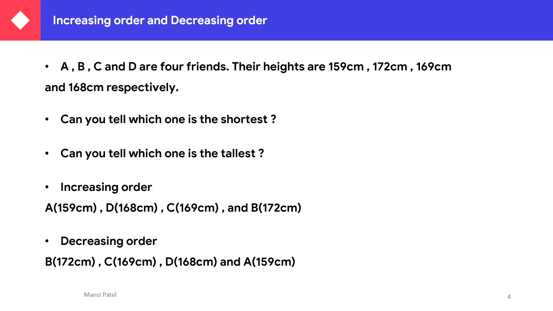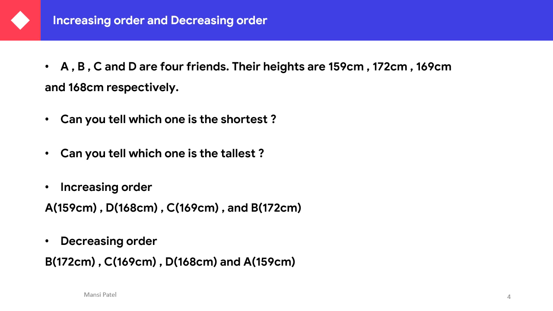So, first of all, the height of B is 172, C 169, D 168 and A 159. So we get the answer of the second question. Which one is the tallest? So we can say B is the tallest.